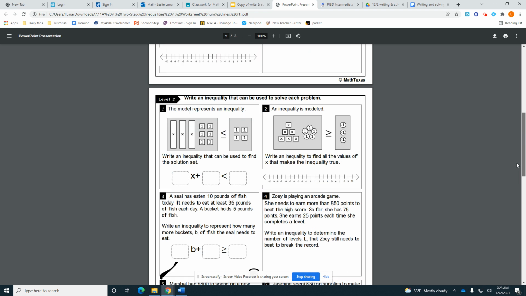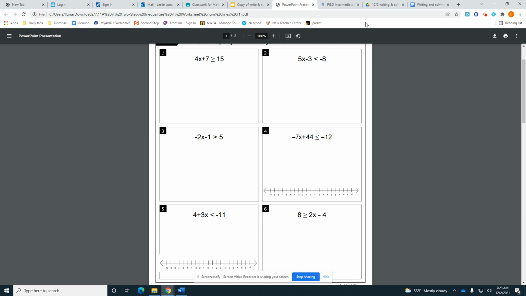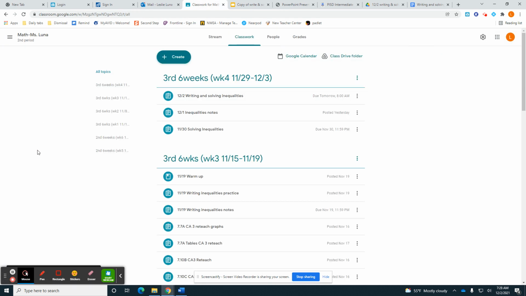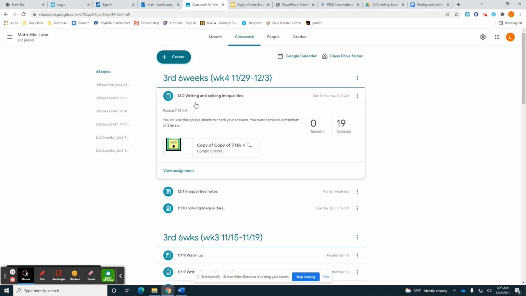Okay, you will do your work on here, and then you have a Google sheet in Google Classroom right here that helps you check your answers.